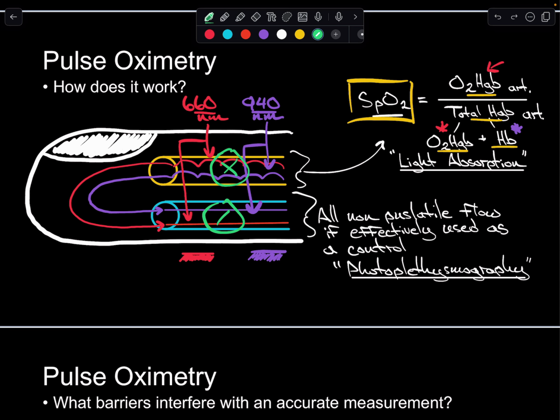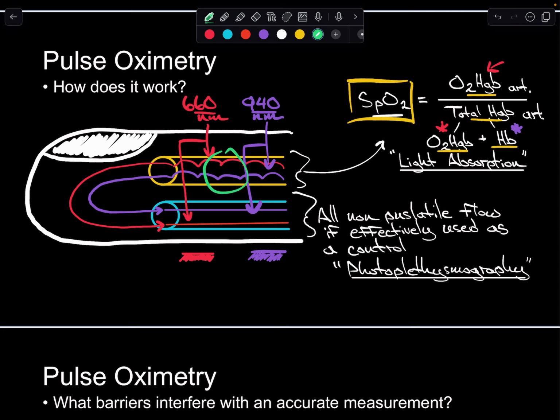It does this through a process called photoplethysmography. That's just where it can see the volume changes with the pulsation. And why that's important for pulse oximetry is because when we're talking about the percent of oxygenated hemoglobin, we really only care what that is in the arterial system. That's what we're talking about.